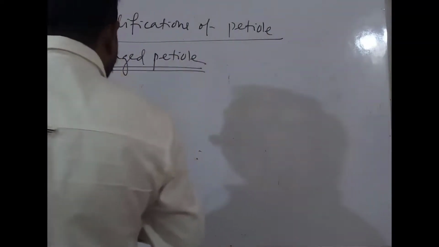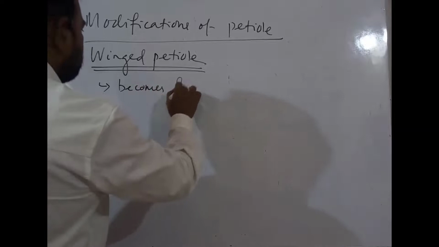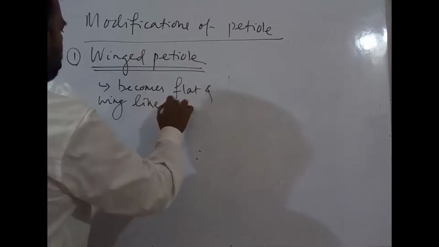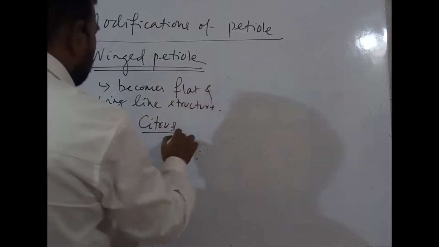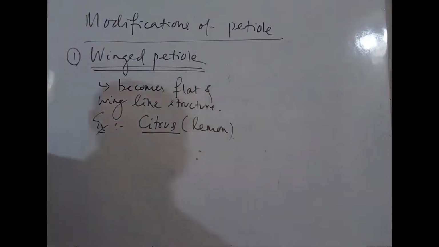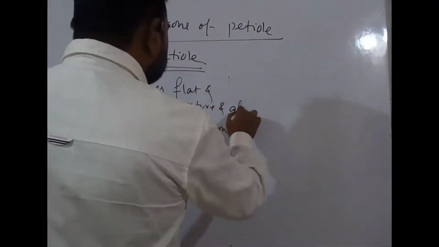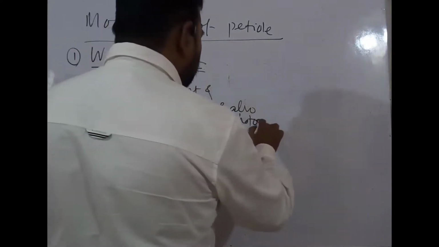So the first is the winged petiole. The petiole becomes flat and wing-like. The example is citrus, lemon or orange. In the citrus, lemon and orange plant, the petiole becomes a flat, wing-like structure and also photosynthetic. The petiole also becomes green and photosynthetic.